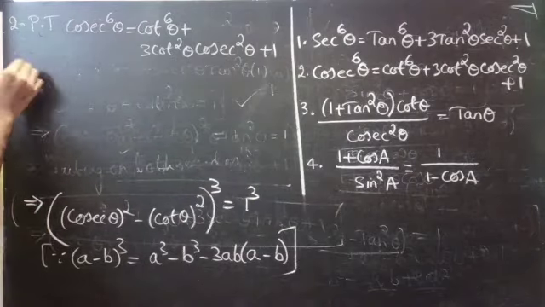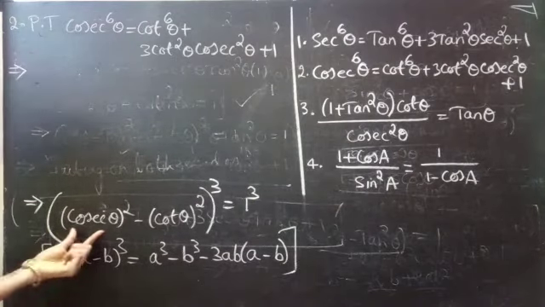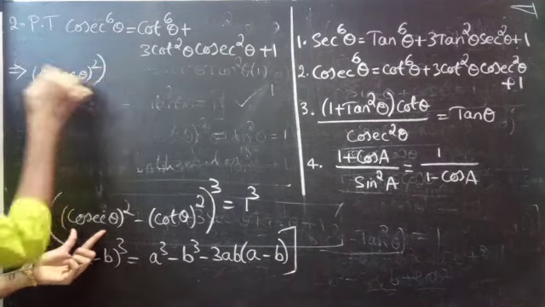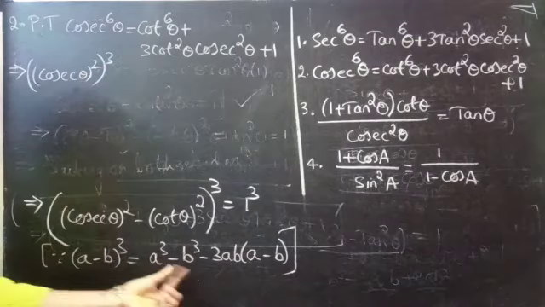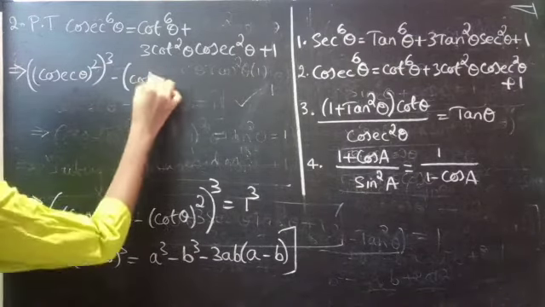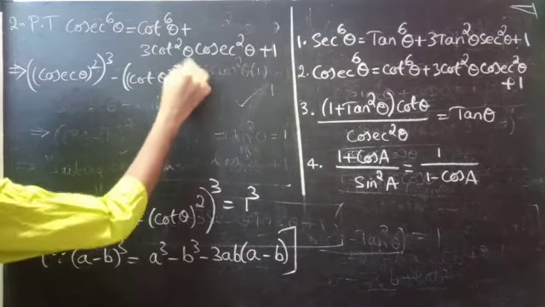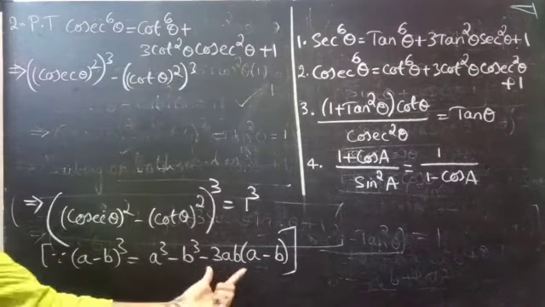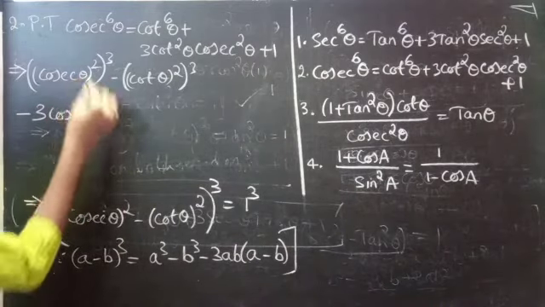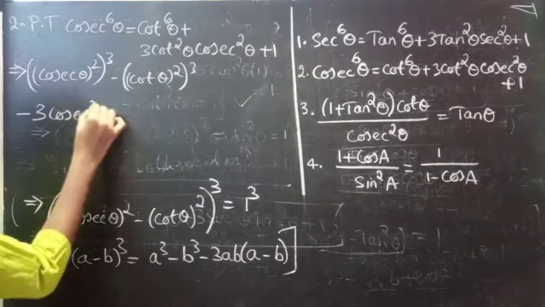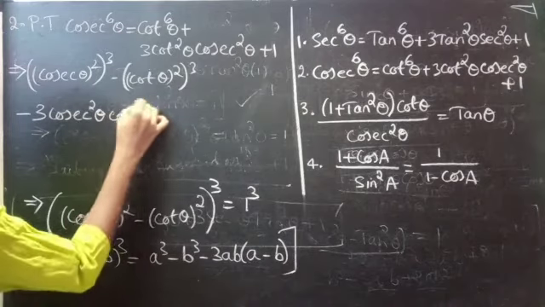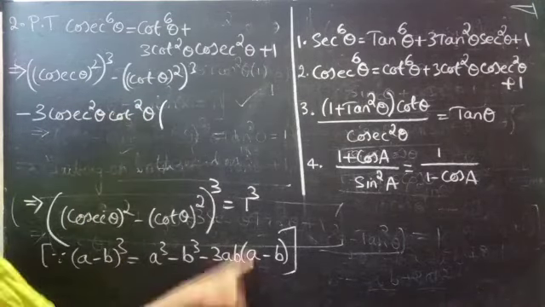So this implies a cube, cosecant theta whole square whole cube, minus b cube, cot theta whole square whole cube, minus 3 into cosecant theta whole square, which can be written as cosecant square theta, into cot theta whole square, which can be written as cot square theta, into a minus b.